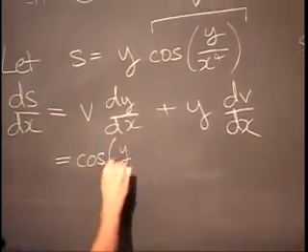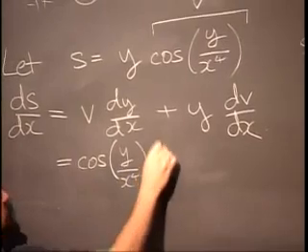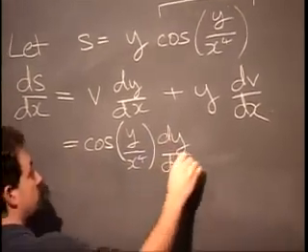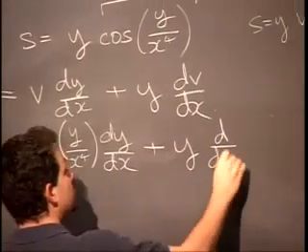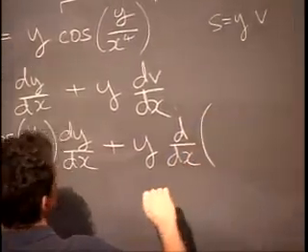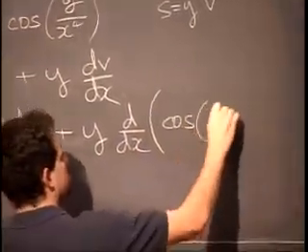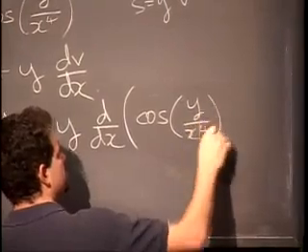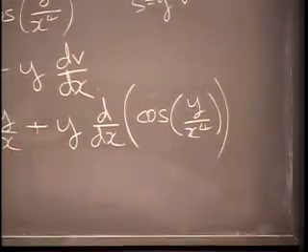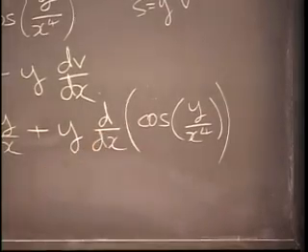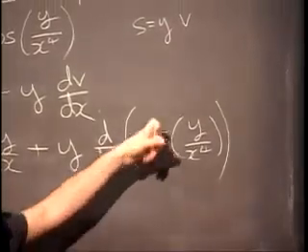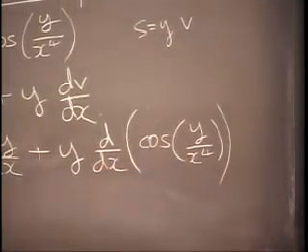It's cosine(y over x to the fourth) dy/dx, which is as much as we could possibly expect to be simplified, plus y d/dx of this quantity v. Ugh. Well, we still need to differentiate this implicitly, but at least there's no y out the front. Now it's just cosine(y over x to the fourth).